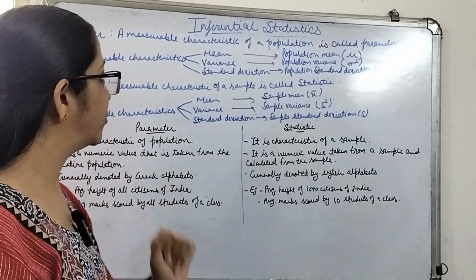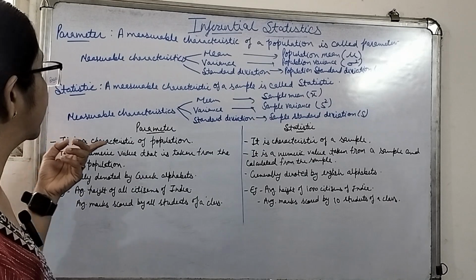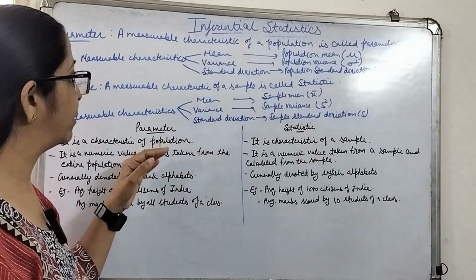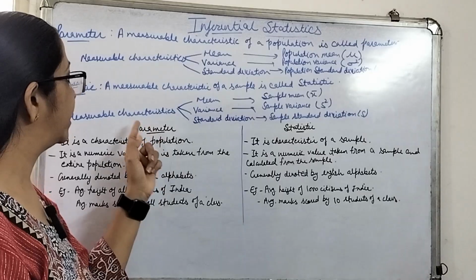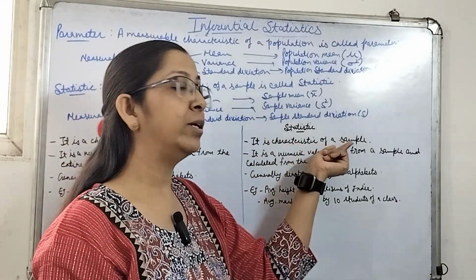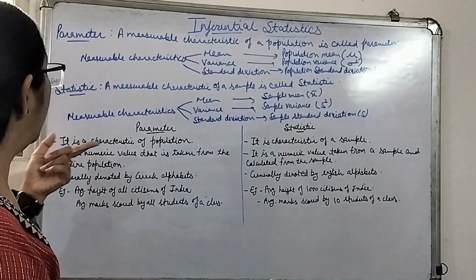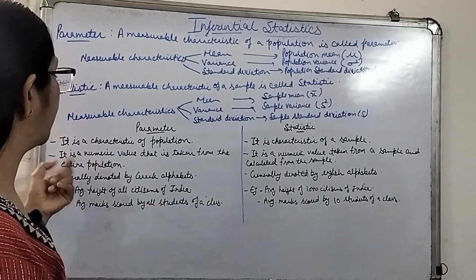Now what is the difference between these two? Parameter, as we just discussed, is a characteristic of a population, and statistic is a characteristic of a sample. Parameter is a numerical value taken from the entire population.